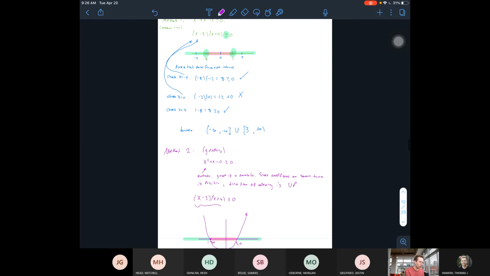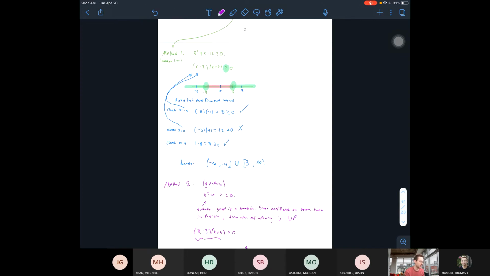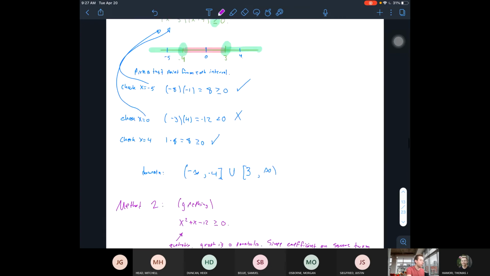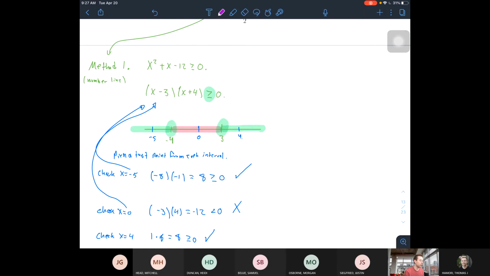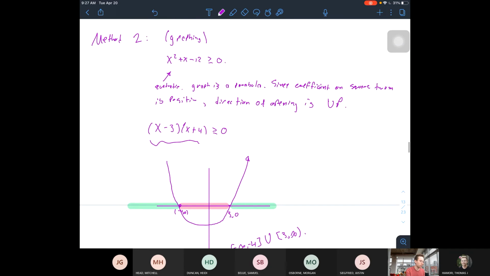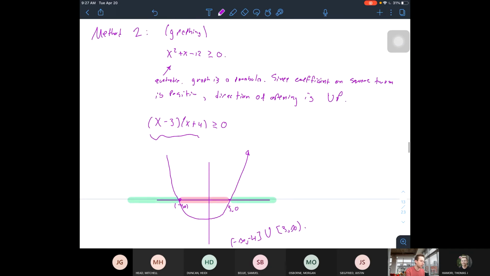But the test points method will always work, and the advantage of the test points method is that if you have a polynomial of a higher degree, like a cubic polynomial or a quartic polynomial, the number line method still works for those polynomials. Whereas the graphing method relies on the fact that you know what the graph of a quadratic function looks like. It's always a parabola, right? So you can use that fact to your advantage.